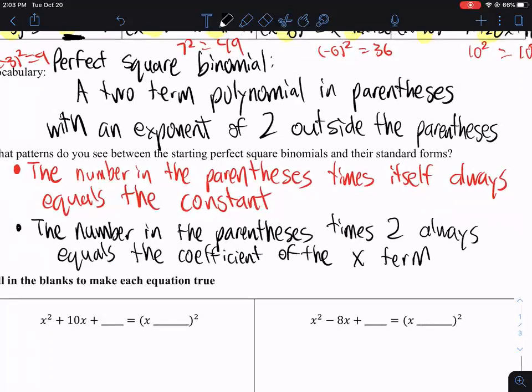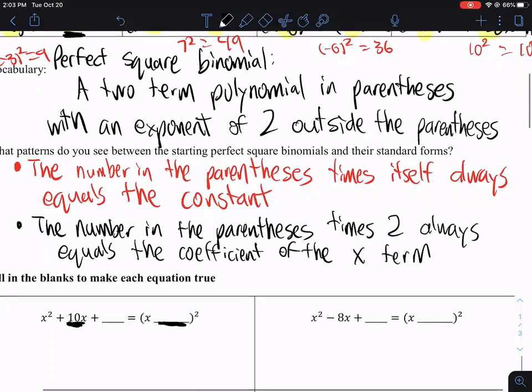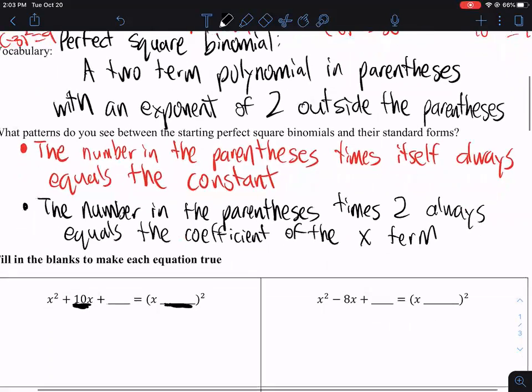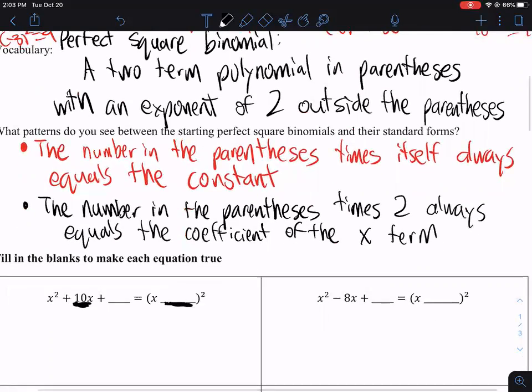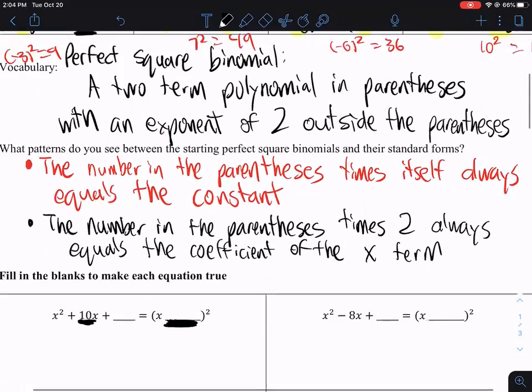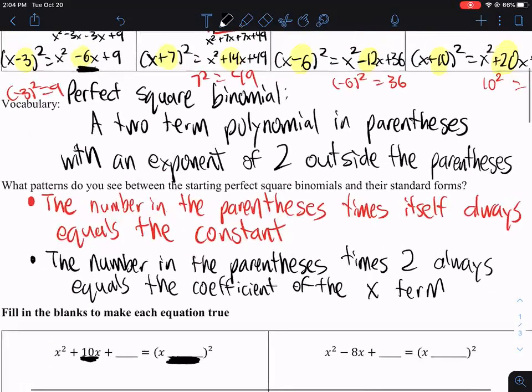Go ahead, Rustam. Since they gave the middle term, 10x, to get the number in the parentheses, we could divide 10x by 2 to get the answer to the binomial. Yeah, okay, very good. Good use of vocabulary. So we're actually sort of using the pattern backwards, right?